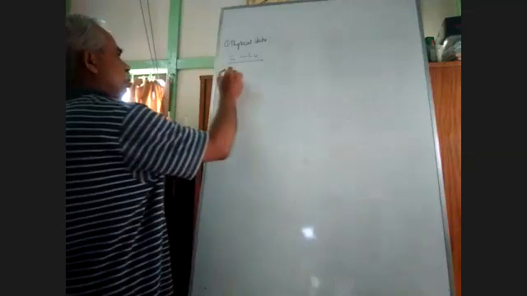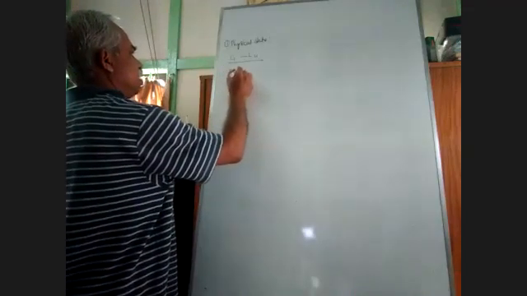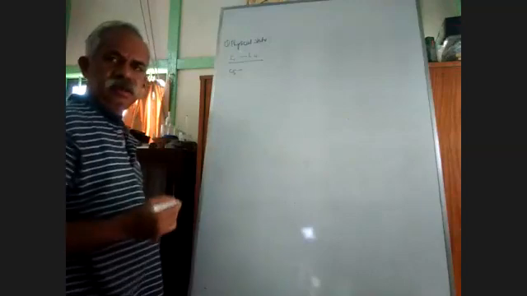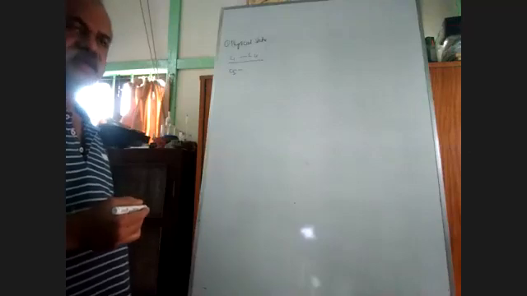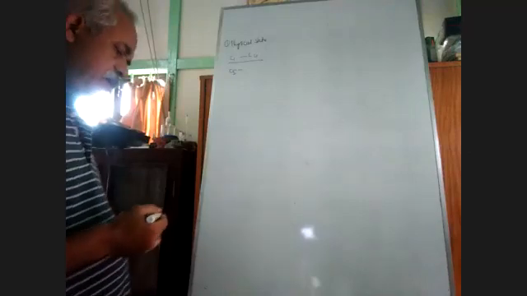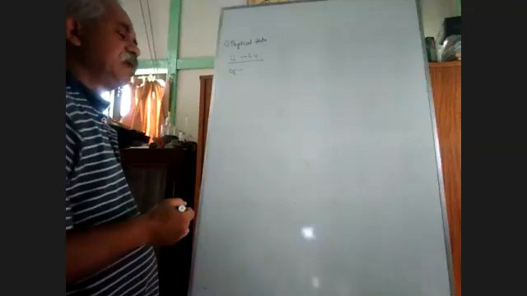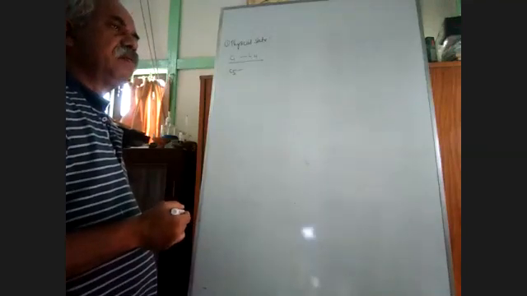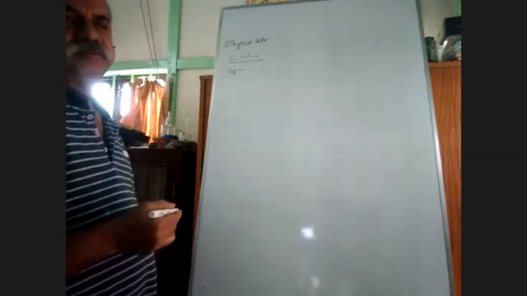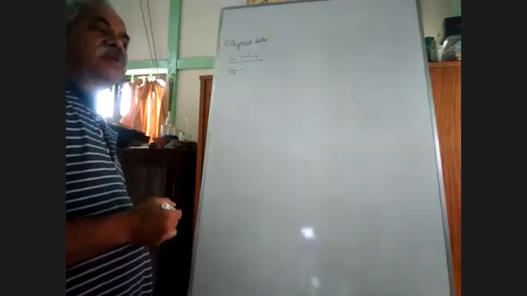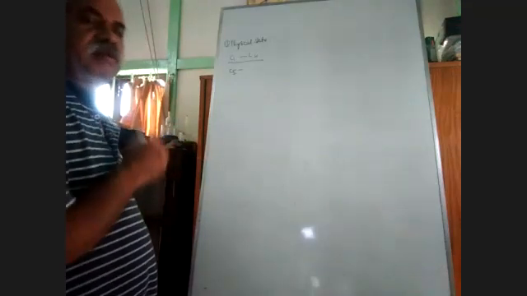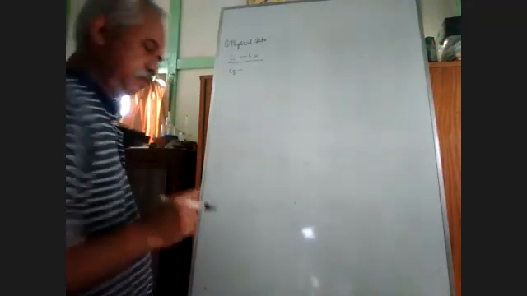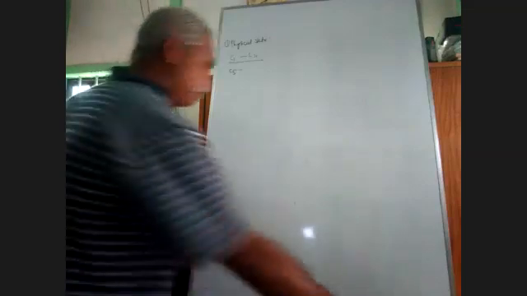From C5 onwards, the strong smell decreases, and gradually it becomes white solid. Aromatic carboxylic acids are colorless substances without any smell.